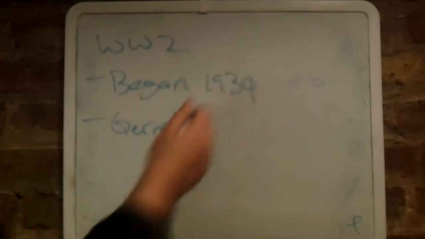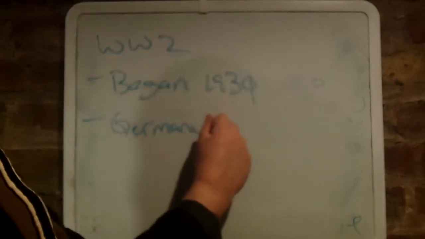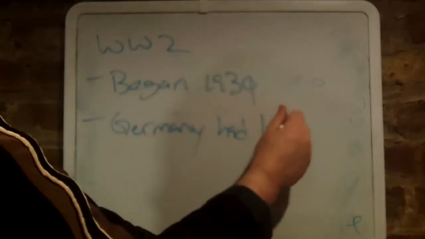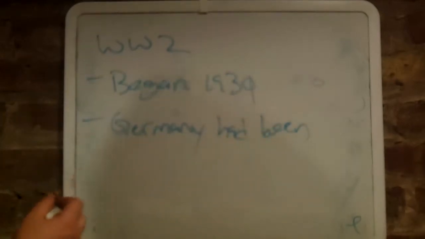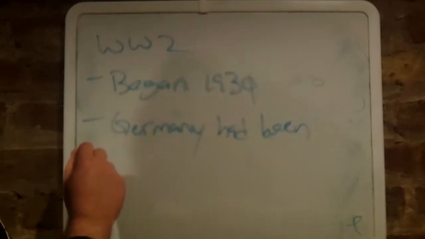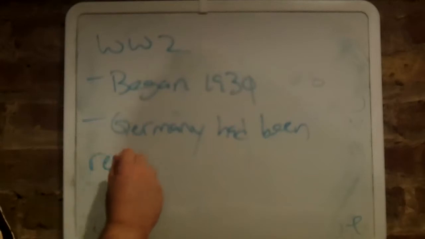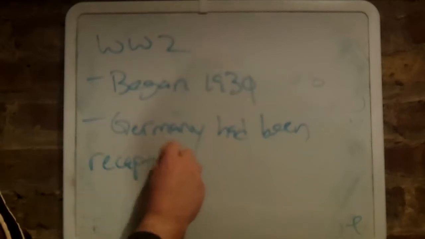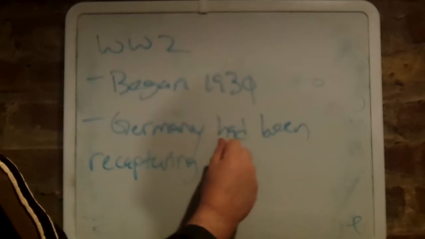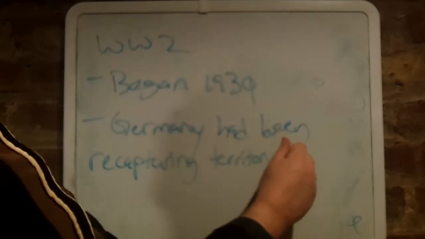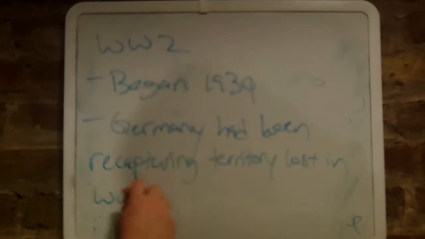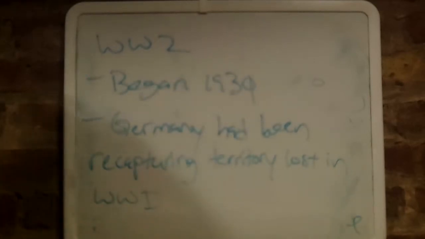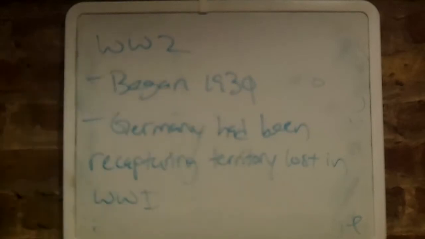Well, actually, before 1939, Germany had been conquering various territories that it had lost as a result of World War I. And in 1939, they decided to go ahead and go full hog and attack Poland.